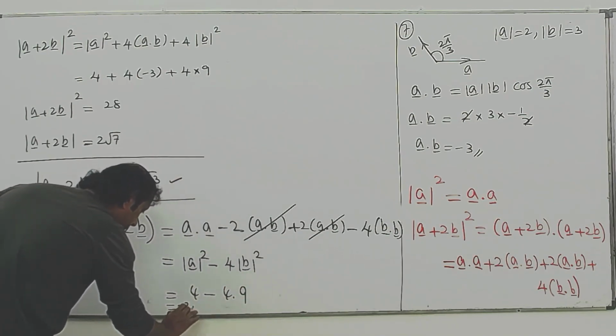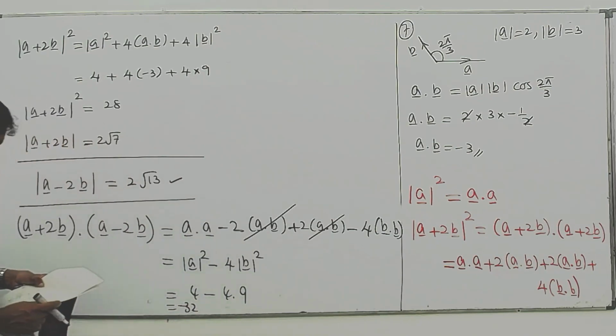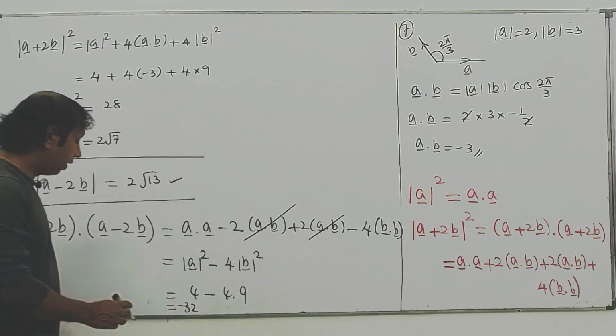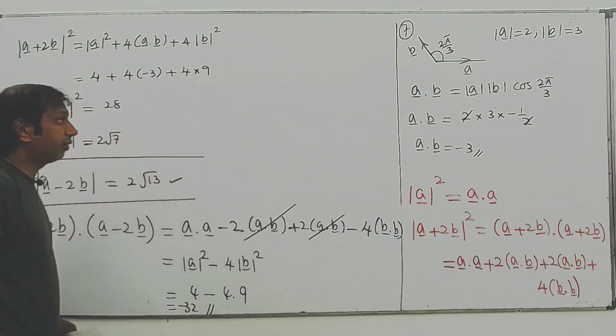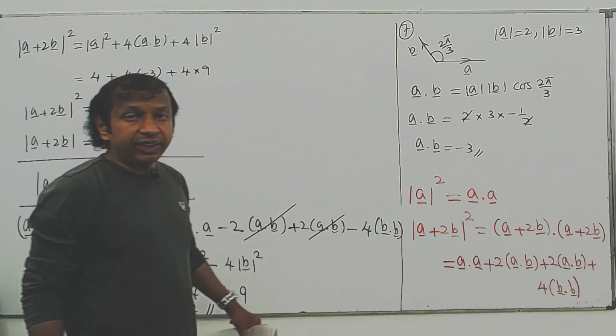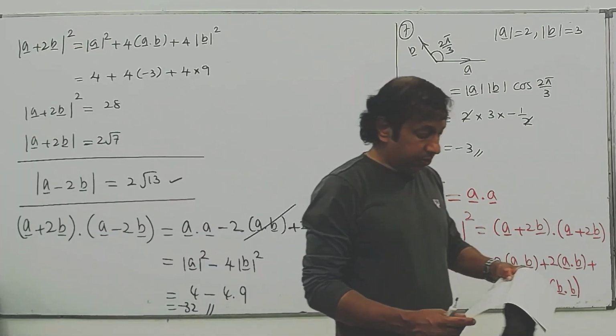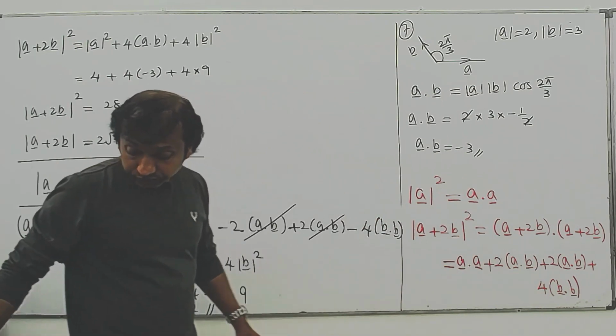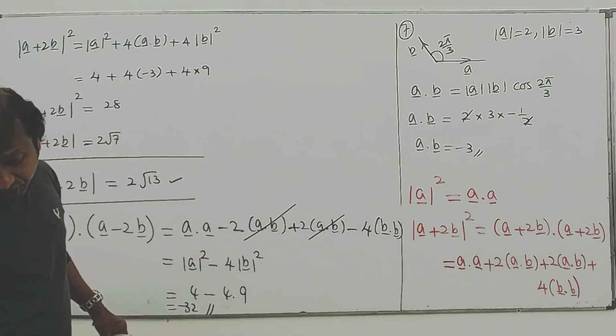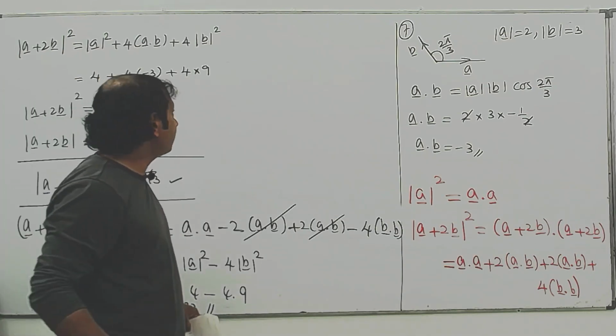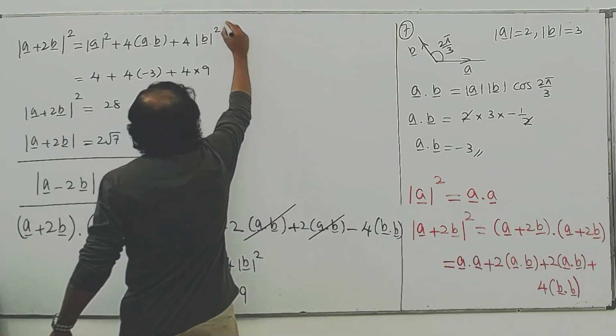Minus 32. This is the next answer we need, right? People, finally asking what? Hence find the angle between the vectors a plus 2b and a minus 2b, right? That's very easy now, people, right?